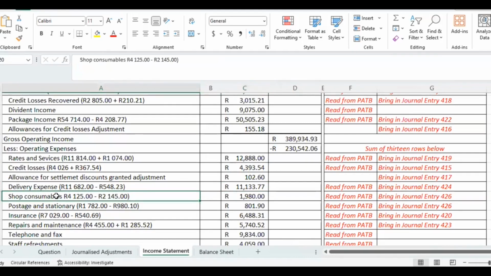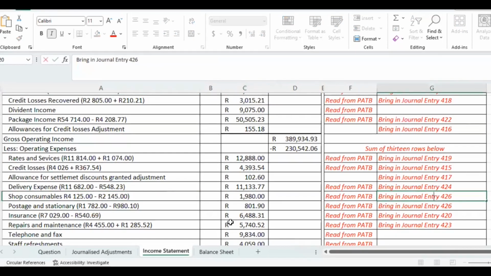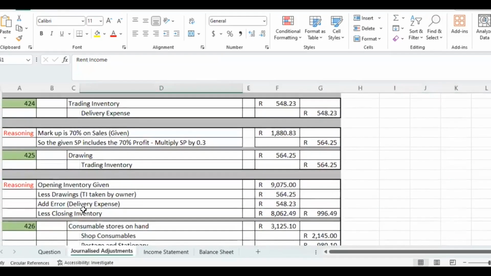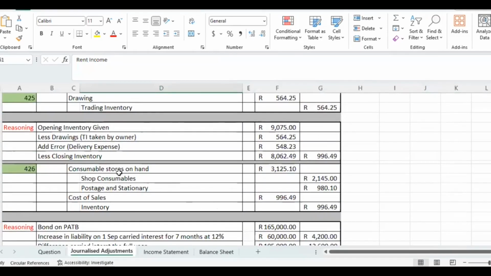Okay, as far as shop consumables was concerned, we read the amount of 4125 again from the pre-adjusted trial balance, but then it decreased with 2,145 according to journal entry 426. Now let's just have a look at what journal entry 426 was. You will remember that was when we actually went and we did the stock take, and that was the amount for shop consumables.